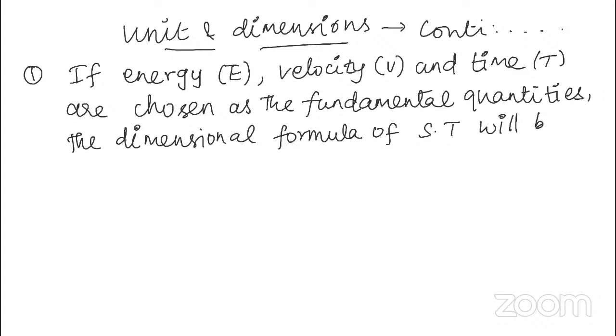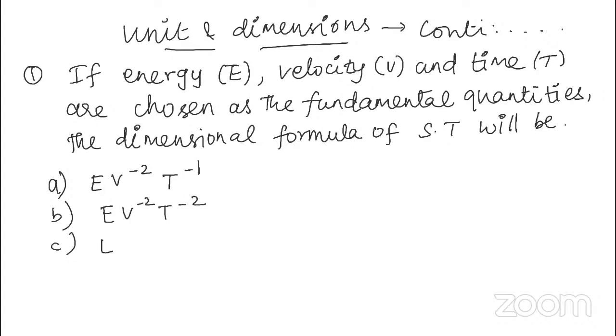The options are: A, E V power minus 2 and T power minus 1; B, E V power minus 2 and T power minus 2; C, E power minus 2 V into T; and D, E power minus 1 V into T power 2.